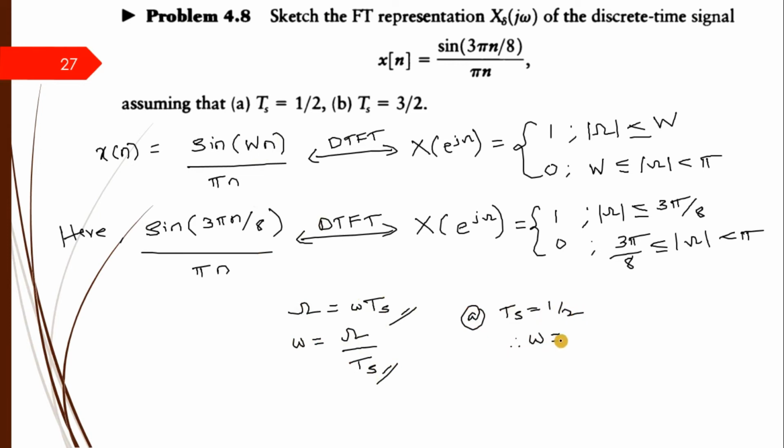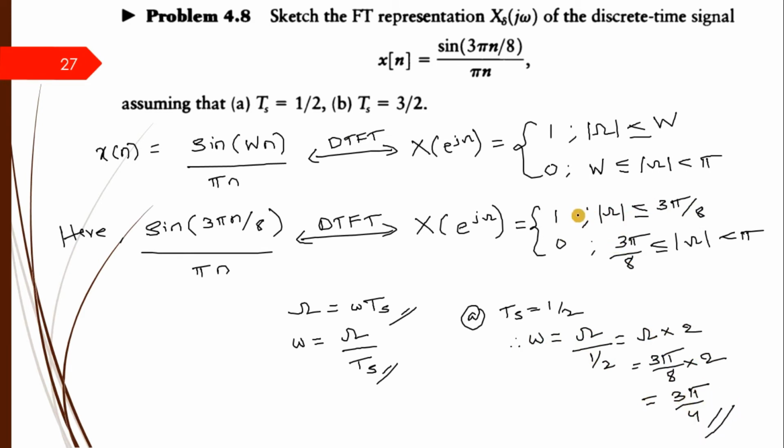Therefore omega is equal to capital omega divided by 1 by 2, or else omega into 2. So what is omega? Omega is here 3 pi by 8. Within that range it should be 1. So 3 pi by 8 into 2. This is equal to 3 pi by 4.